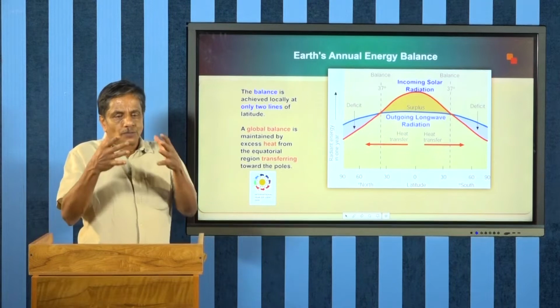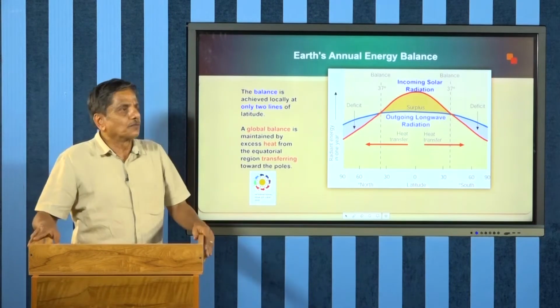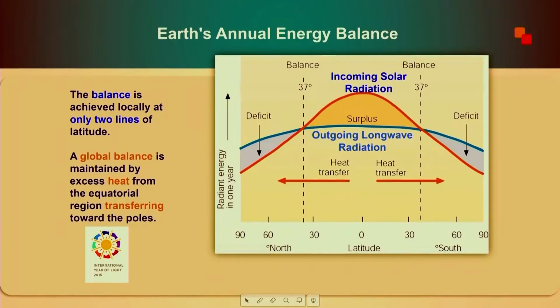So, the equator absorbs the maximum amount of energy, so that it radiates more heat outward. That is known as outgoing long wave radiation, that is the amount of heat which is radiating from the surface of the earth. Therefore, there is a change in the outgoing radiation.